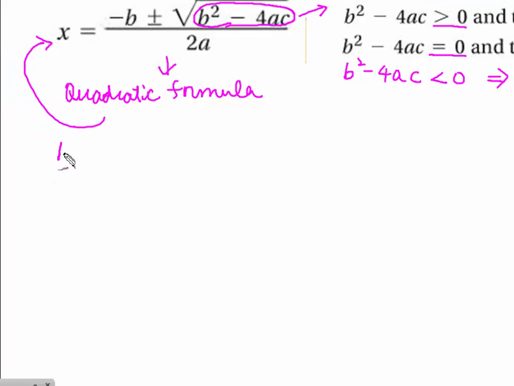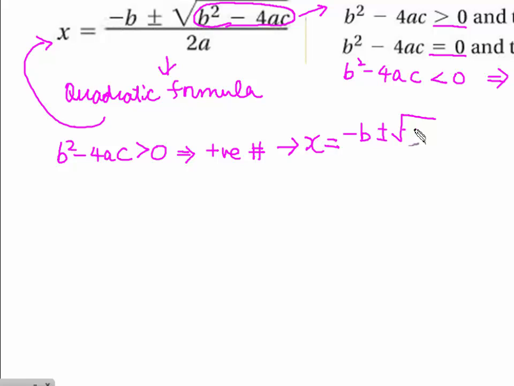When you have b squared minus 4ac in the quadratic formula, which is bigger than 0, that means it is a positive number. So let me put this back into the quadratic formula. So we have x equal to negative b plus and minus the square root of a positive number, because we just said b squared minus 4ac is bigger than 0.